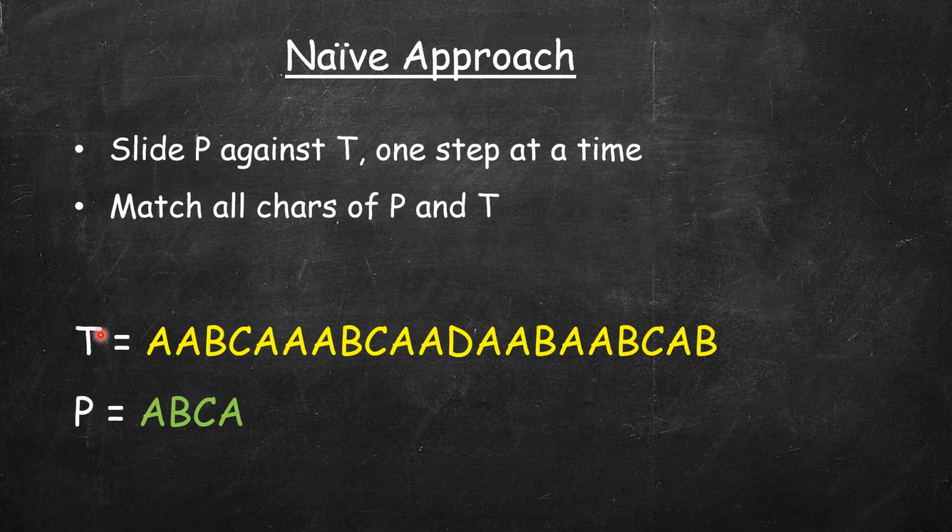If the text length is n and pattern length is m, then the time complexity will be m times n, because we slide it once and then in the worst case we may compare m characters, and we are sliding approximately n times. So O of mn. This can be very bad if m times n is very large.